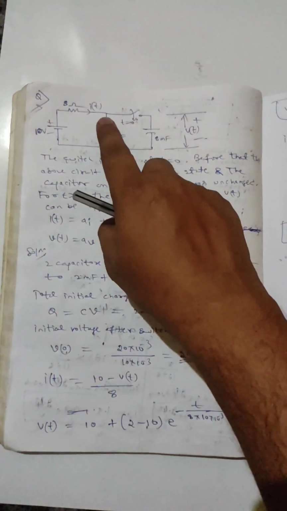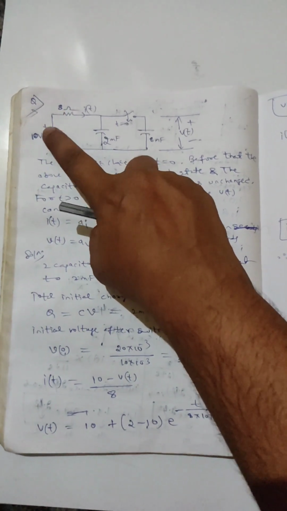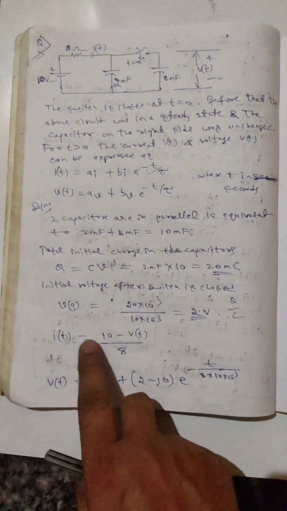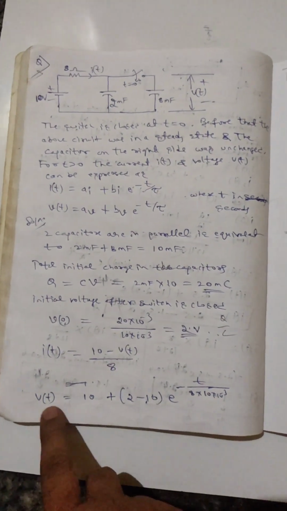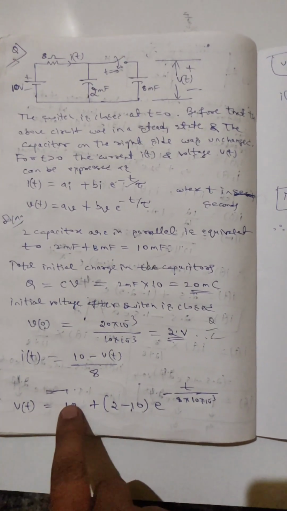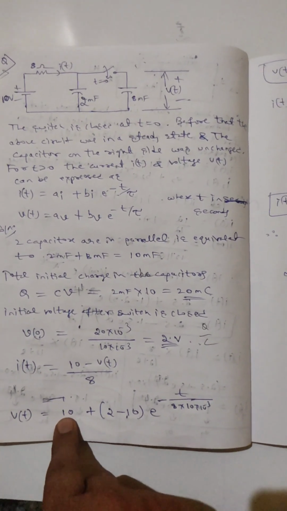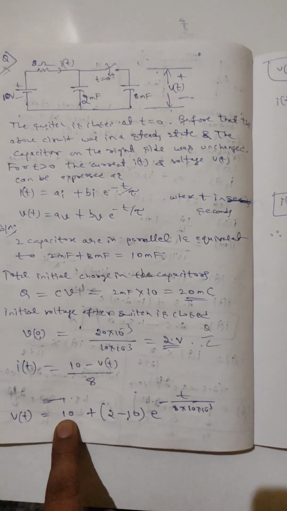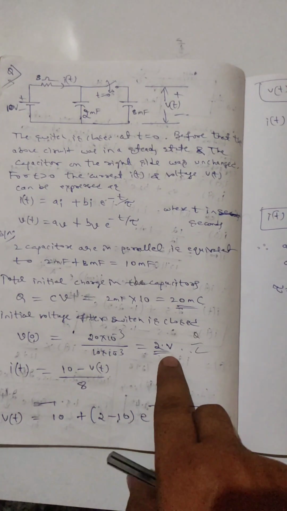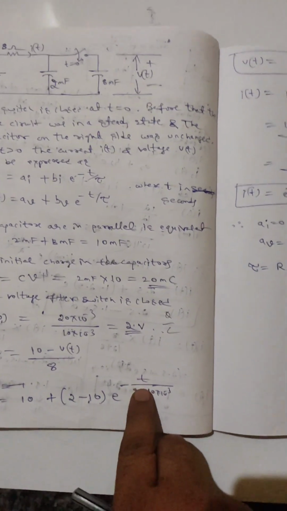Now what is the current I of t? This voltage minus the voltage at this point divided by resistance. 10 minus the voltage at this point divided by resistance is I of t. So I of t is equal to 10 minus V of t by 8. Now what is V of t? V of t is 10 plus (2 minus 10) into e to the power of minus t by tau.